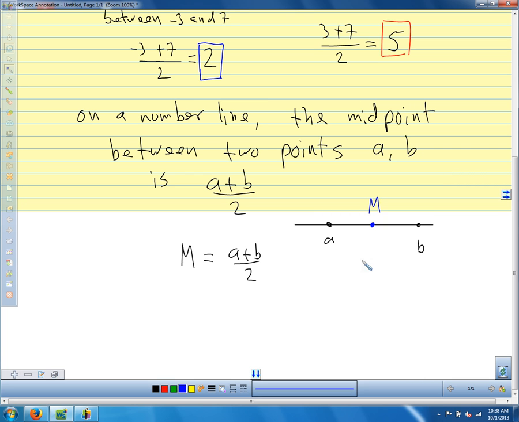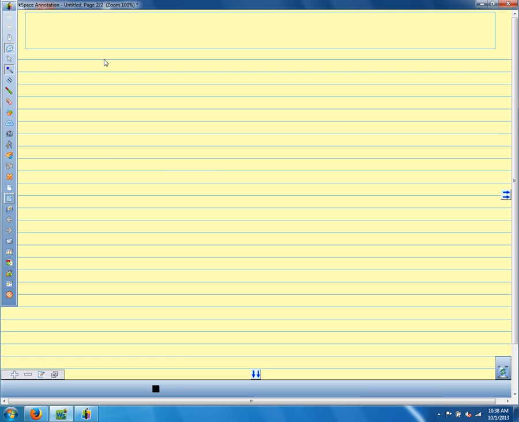Now it gets more complicated if our numbers aren't on a number line, if they're just somewhere on the plane, somewhere on a graph. But we can do something that's kind of like this for a midpoint of points on a graph. So let's say we have points, and I'm just going to draw an x and a y axis here.